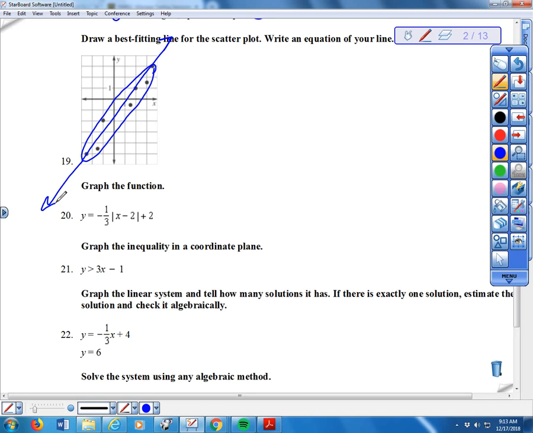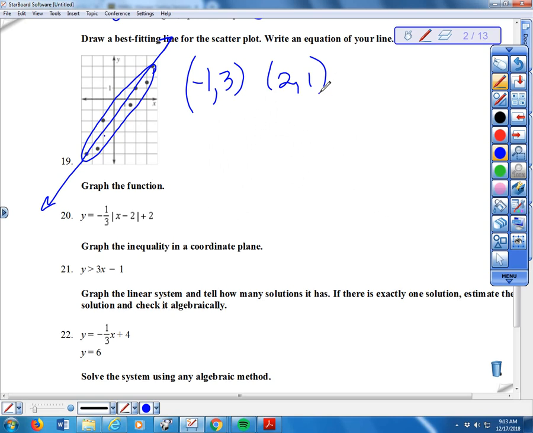Then I find 2 points that my line goes through. Doesn't have to be one of the points on the graph, but it can be. I'm going to use this point, which is negative 1, 3. And I'm going to use the point here that's actually on the graph, 2, 1.